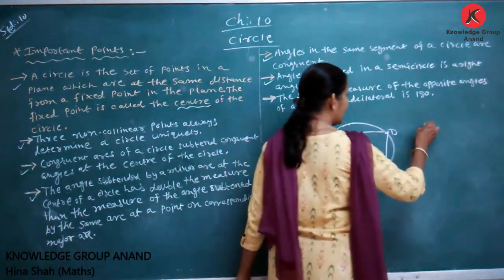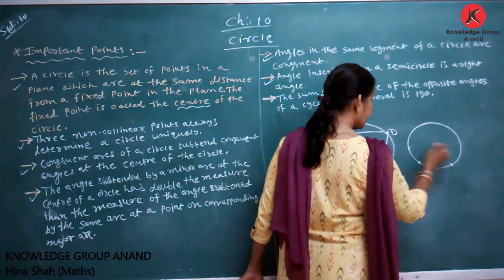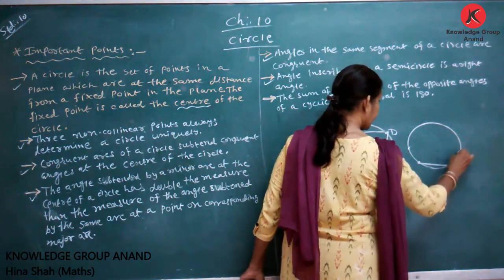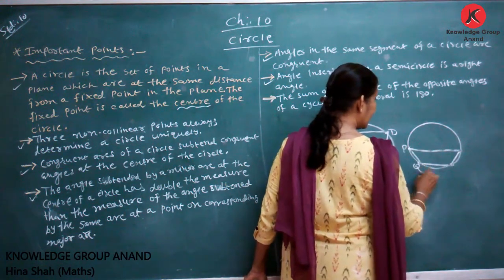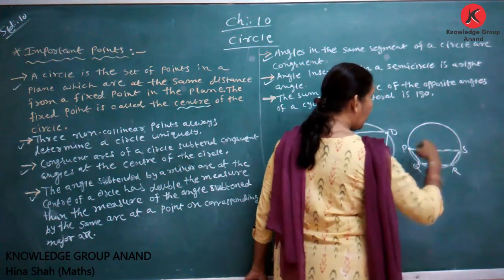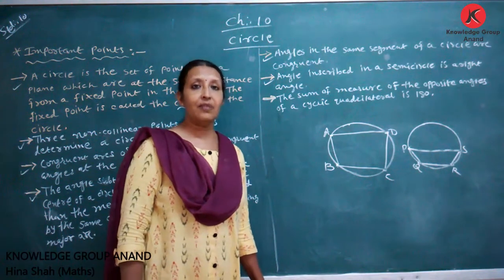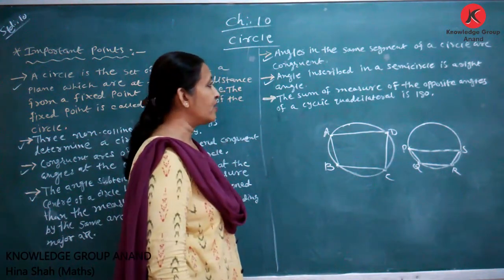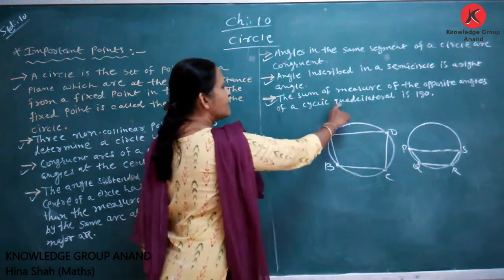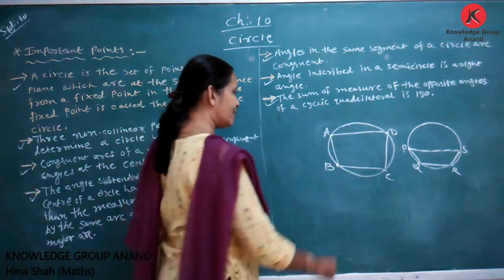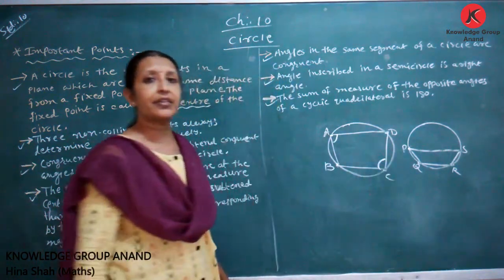Here it is cyclic quadrilateral ABCD. Suppose it is PQRS. All vertices of this quadrilateral are on the same circle, so it is called a cyclic quadrilateral. The sum of opposite angles of a cyclic quadrilateral is 180.